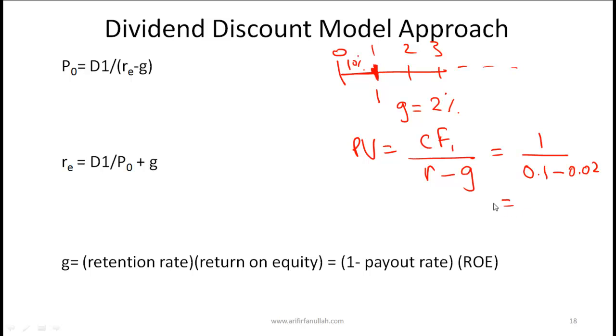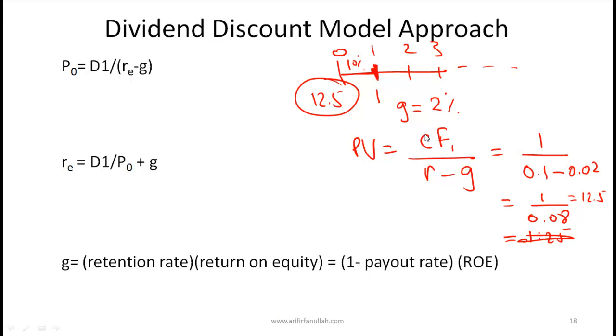So the present value will be 1 divided by 0.08. So 1 divided by 0.08 is equal to 12.5. So we are saying that the present value is equal to 12.5 for this cash flow.